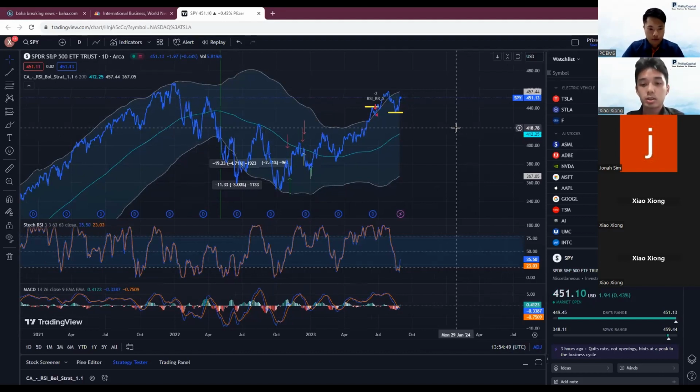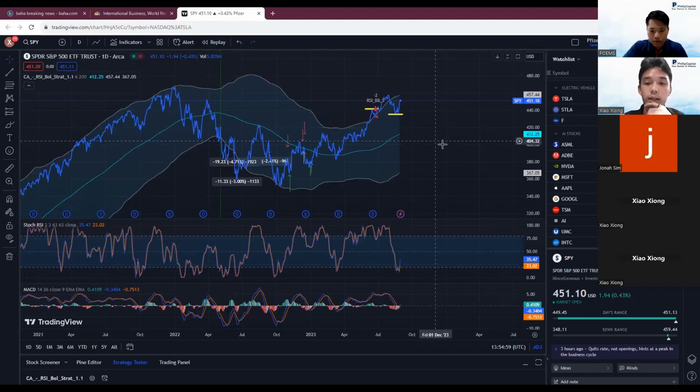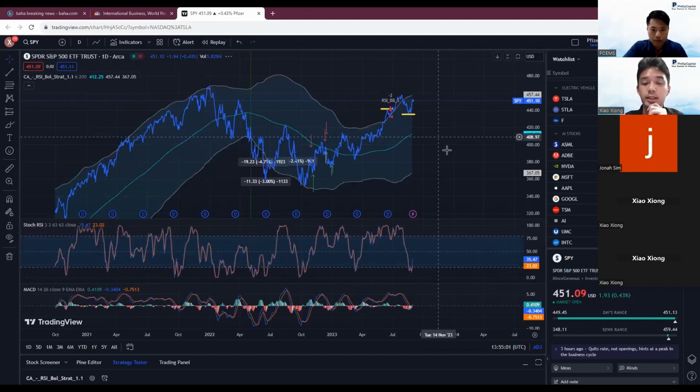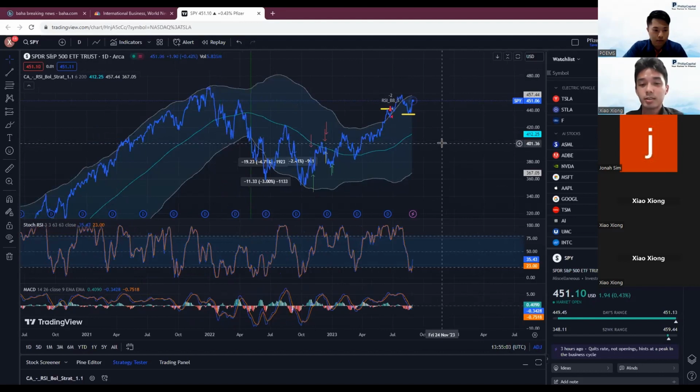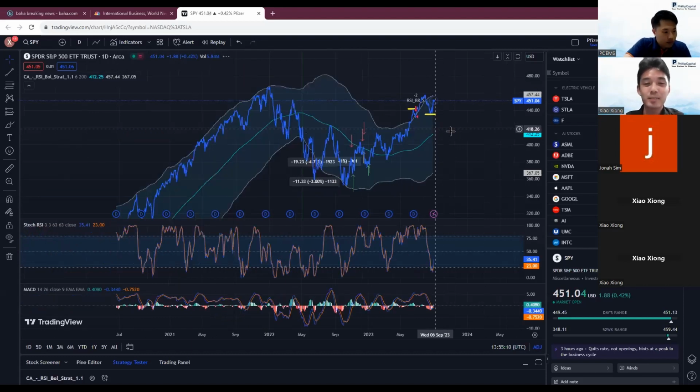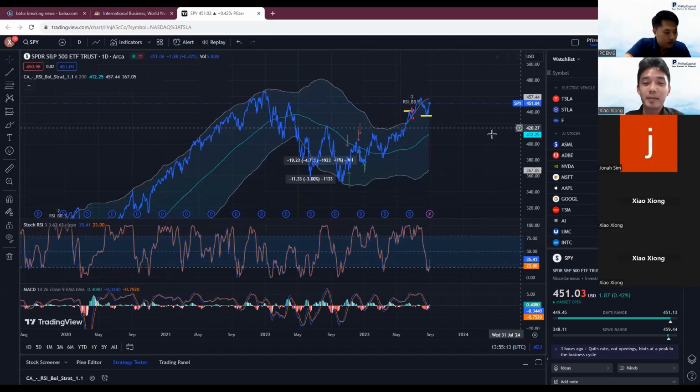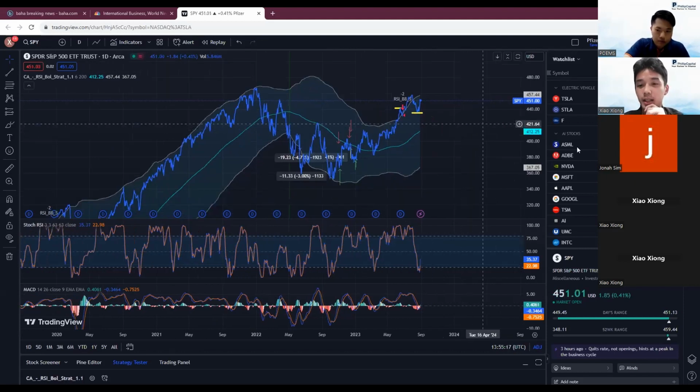Friday will be a critical day where I decide whether I want to close or open a position. Looking at the SPY now, I feel like there's more downside. I believe everyone here feels like the market is at the top already. But as we pray for the market to come down, the market is still going up. So we shall see.